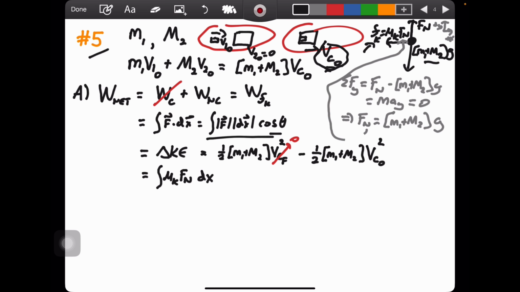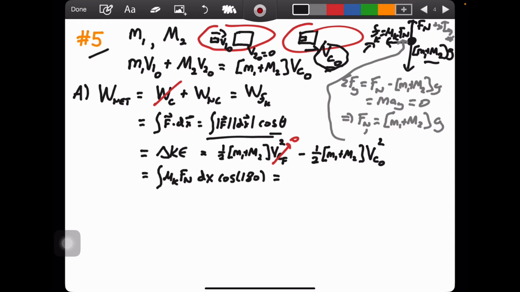And remember, the friction is going due left because the motion is going due right, and so the cosine is 180 degrees. That term is -1. So I can bring out my constant terms and that -1.